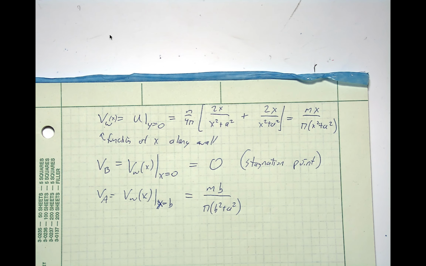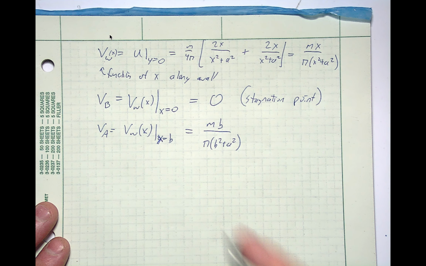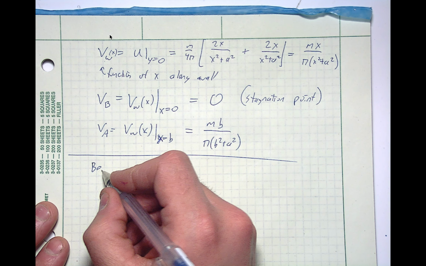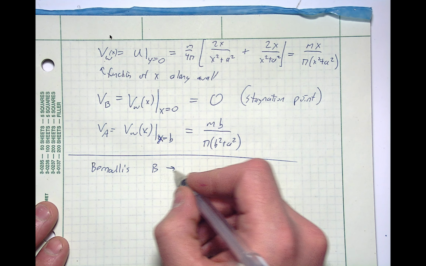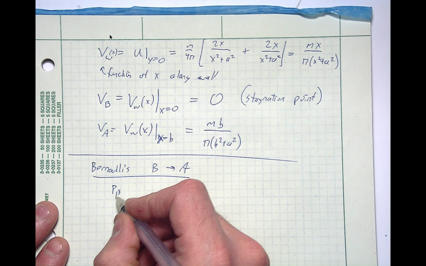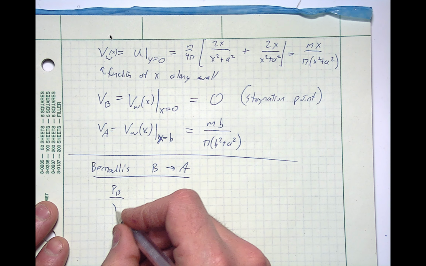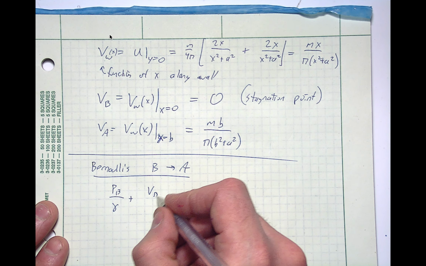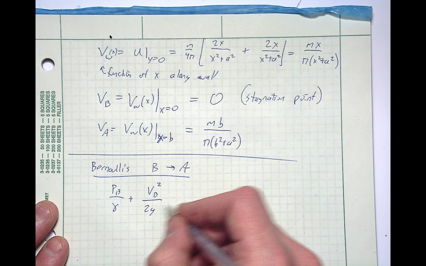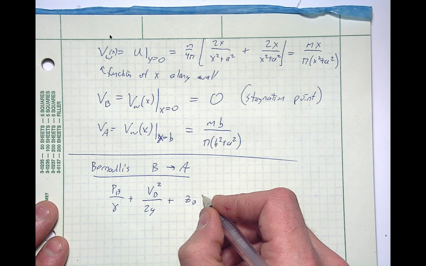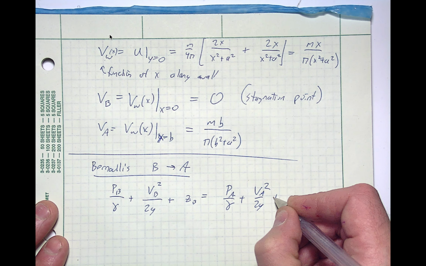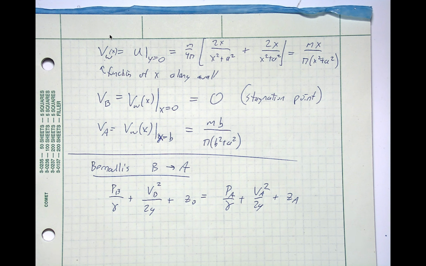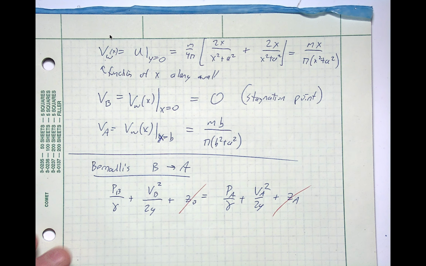And the last step is then we can just apply Bernoulli's from B to A. Those are at the same elevation, whether we're considering gravity or not.